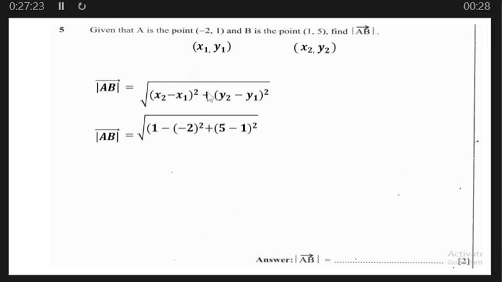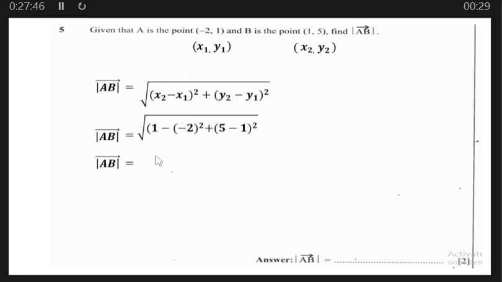Then this plus is this one, open brackets, where there's y2, y2 here represents 5, we'll put 5 minus. Then where there's y1, y1 here represents 1, so we'll put 1, close brackets, squared. Then we'll say equals.